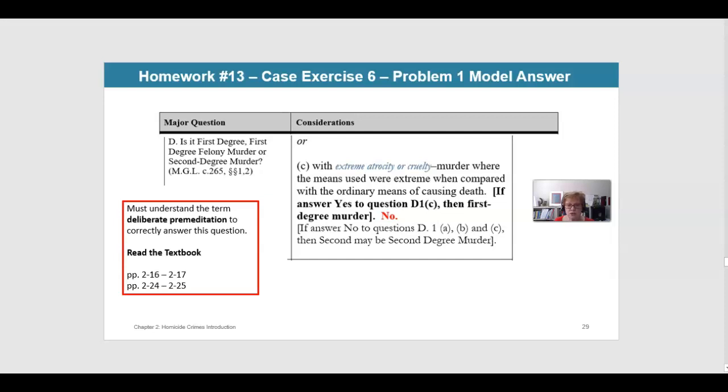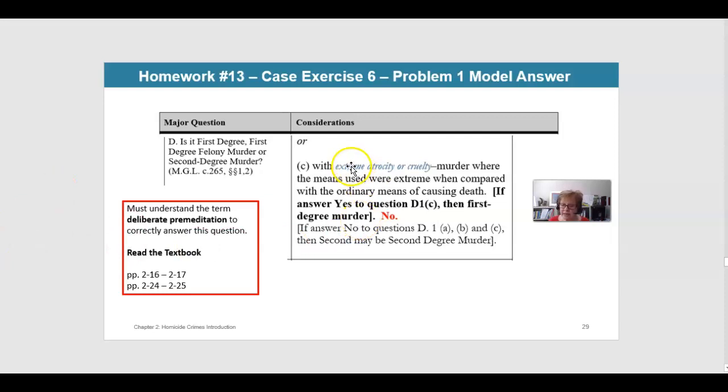A second way that first-degree murder can be established is when the third element is extreme atrocity or cruelty. So the taking of the life of another human being with malice aforethought and either deliberate premeditation or extreme atrocity or cruelty does constitute first-degree murder.